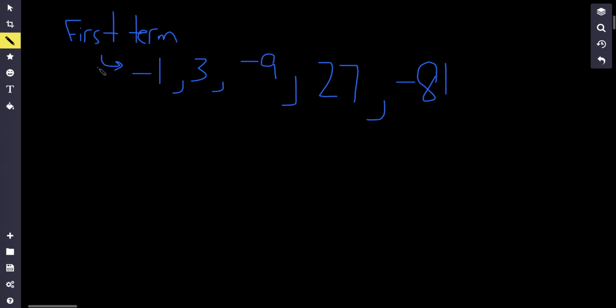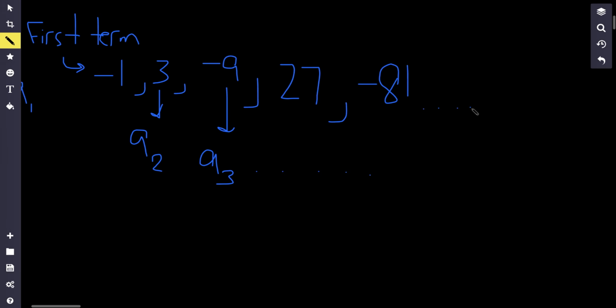The way you denote the first term is a sub 1. So if I was referring to the first term, I could refer to it as a sub 1. This 3 represents the second term, so I could refer to it as a sub 2. The third term, a sub 3. This is just the notation used to denote the first term, the second term, the third term, and so on.